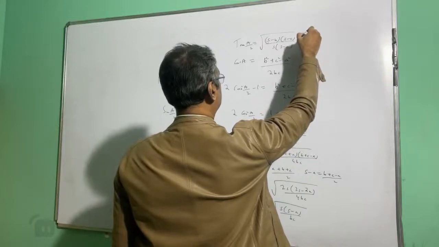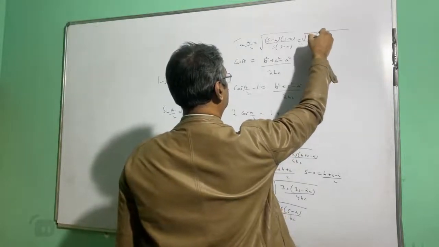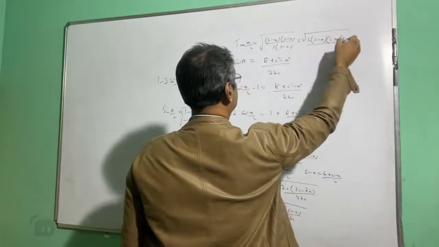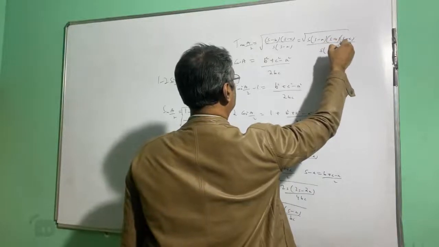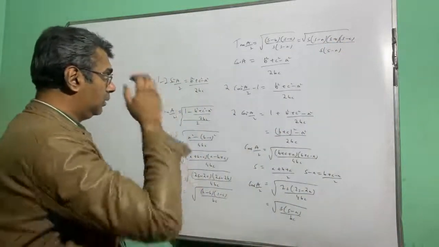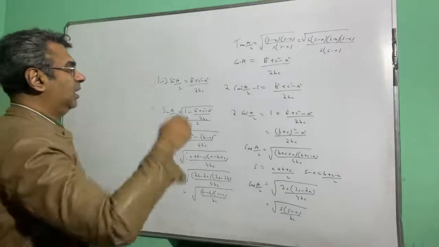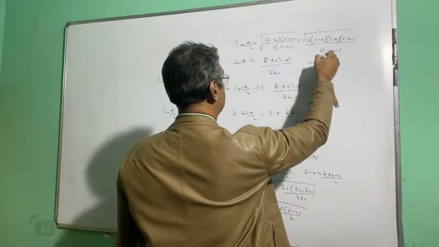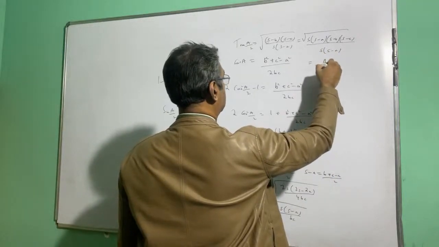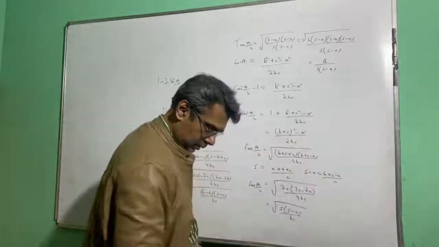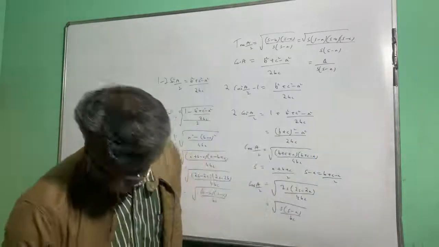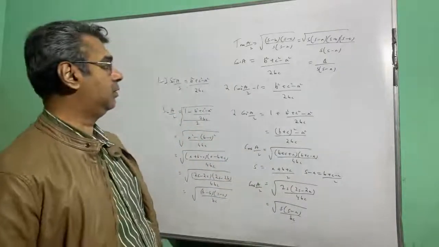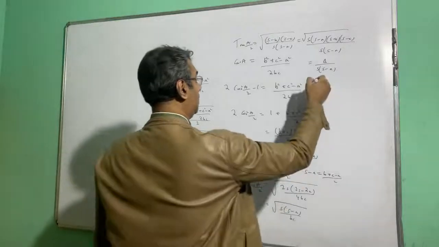Now this tan A/2 formula, if you multiply above and below with root over s into (s minus a), then you will get root over s into (s minus a) into (s minus b) into (s minus c) by s into (s minus a). So that is area of triangle by s into (s minus a).